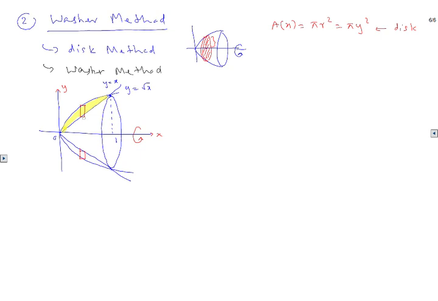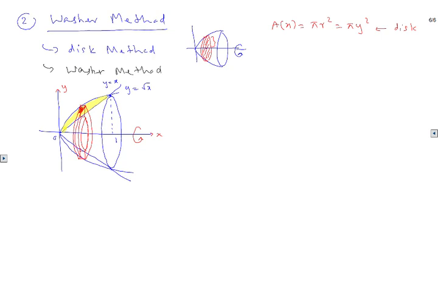That means there's a hole in the middle. It goes like that, then it looks like this on this side, and there's another line going like that.